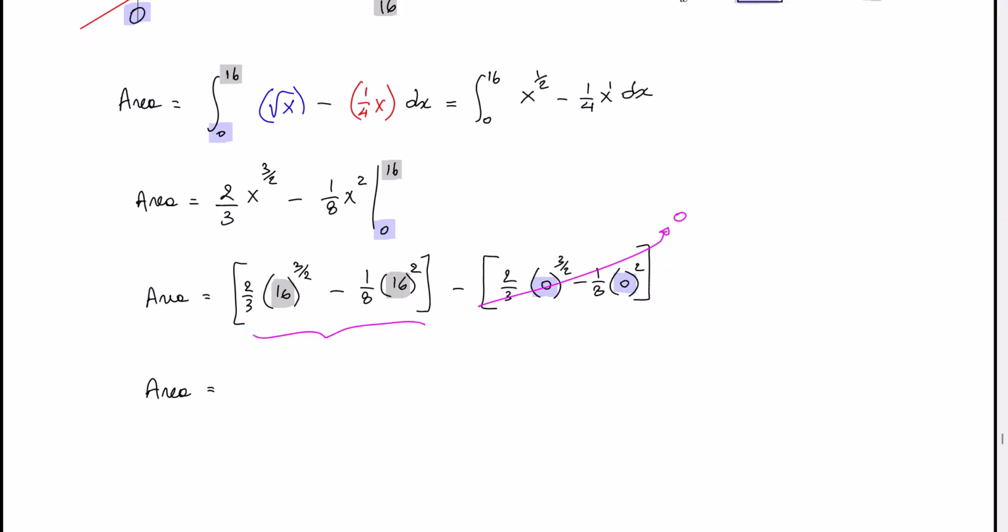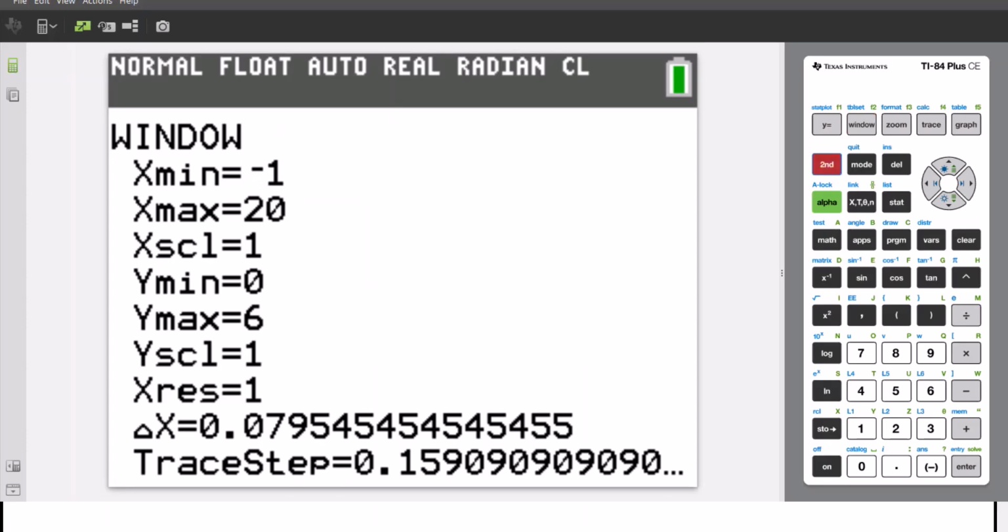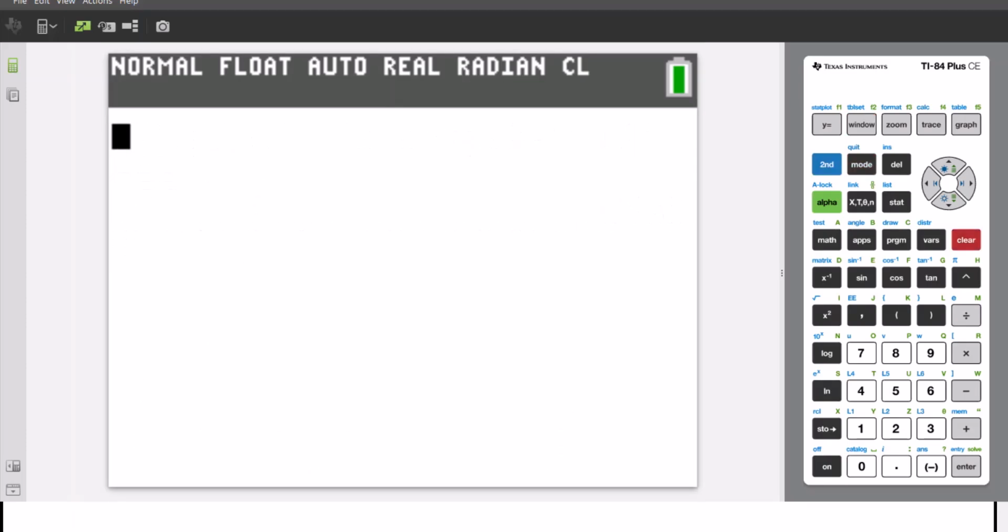So let's go to our calculator screen and go to the main screen and type in the expression that we were working with. So 2/3 times 16 to the power of 3/2. In my case, I need to put parentheses with the 3/2 surrounded by the parentheses.